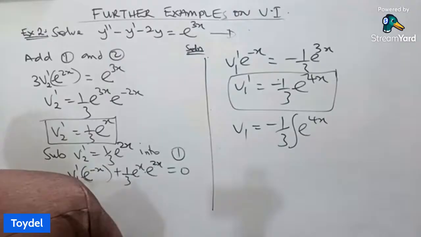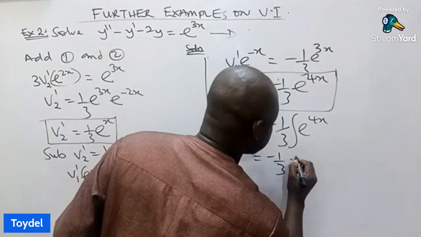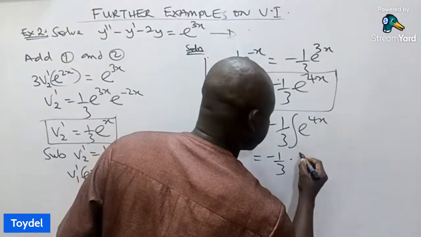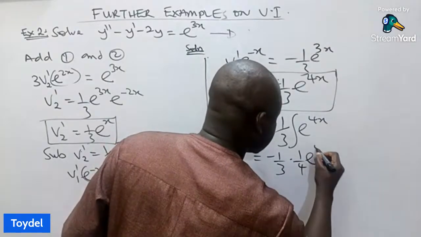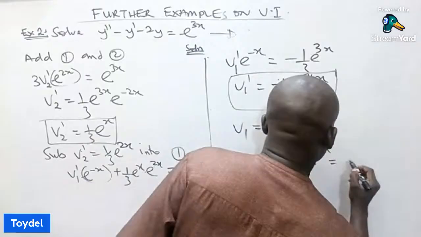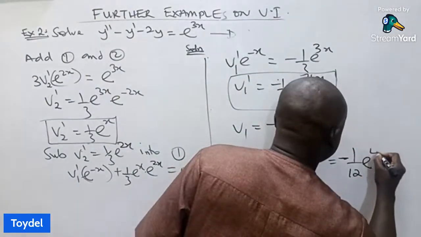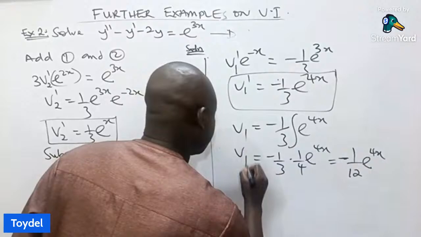If I integrate this, I'll get 1 over 4 exponential 4x. Then at the end of the day, I'm going to get minus 1 over 12 exponential 4x. This will be the value of V1.